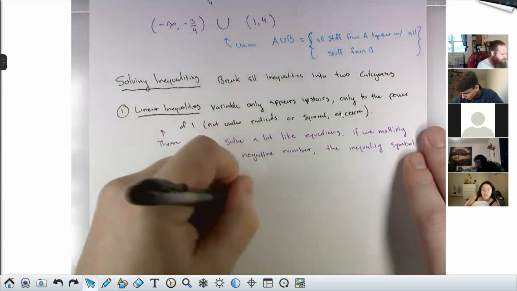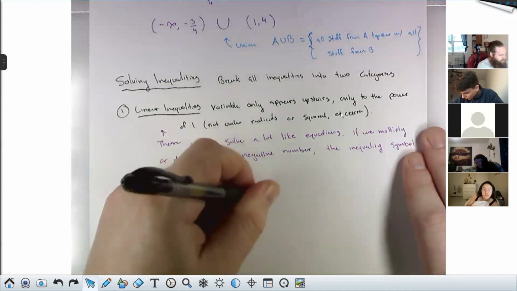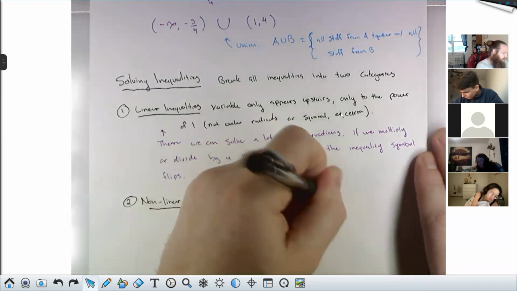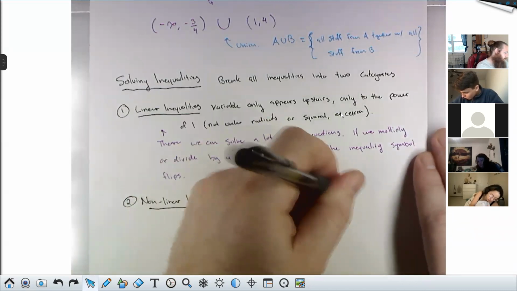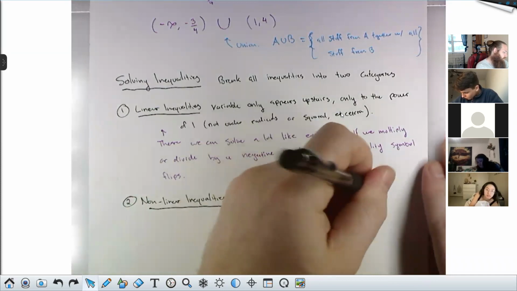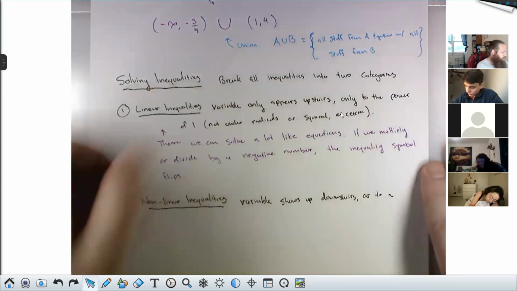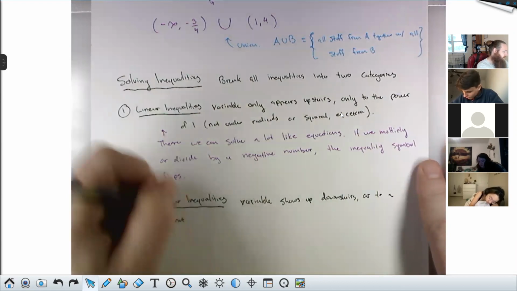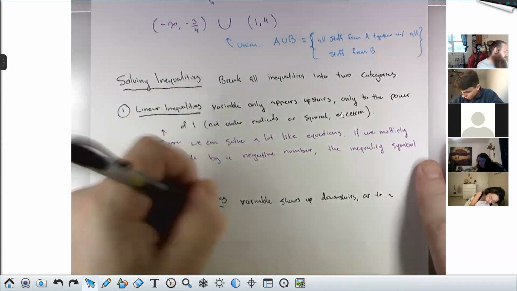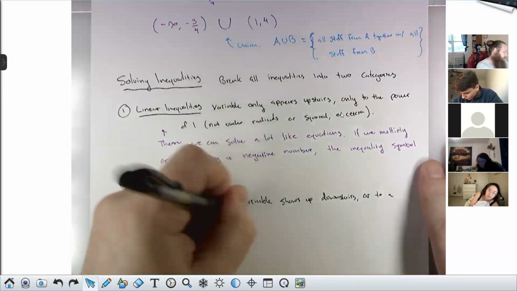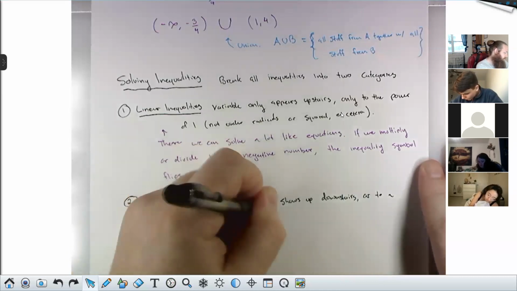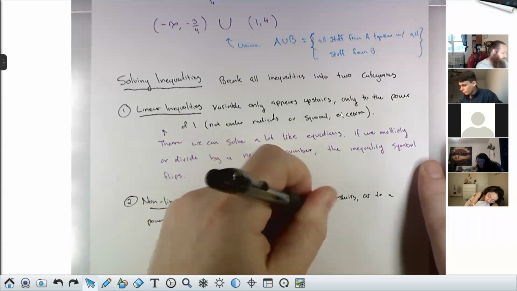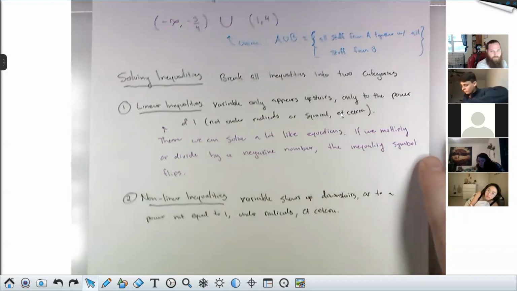This is anywhere your variable shows up in the denominator, or to a power greater than 1, or just say not equal to 1, under radicals, etc. These are a little trickier.